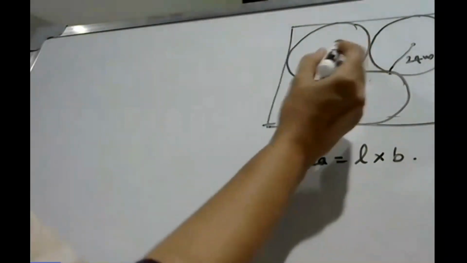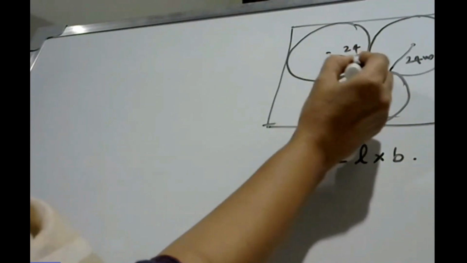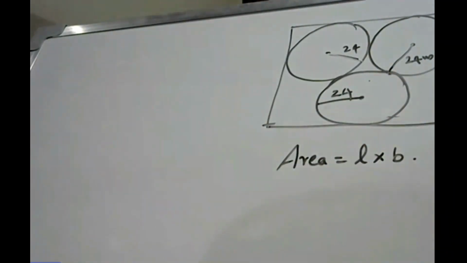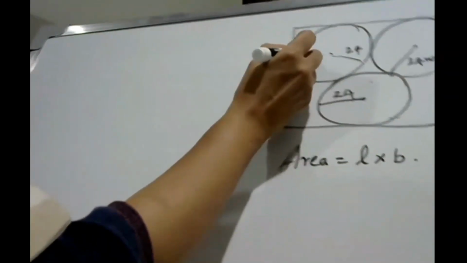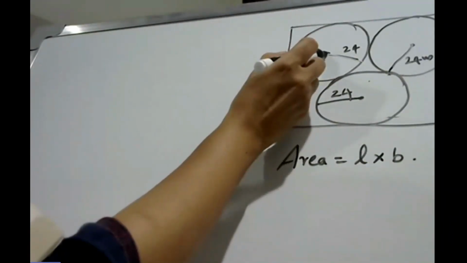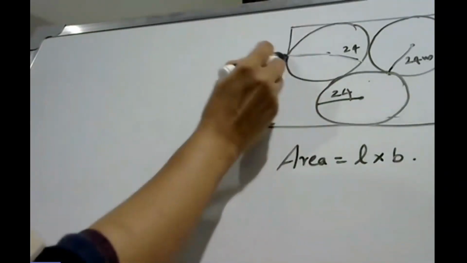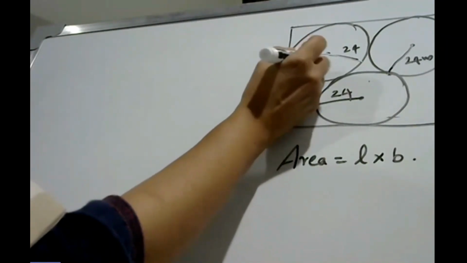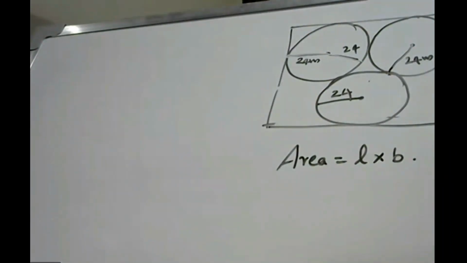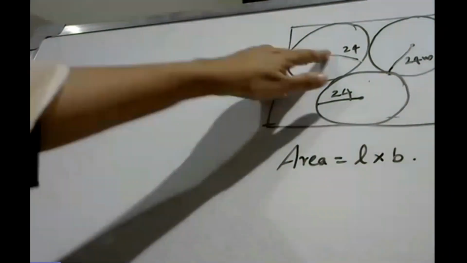See, it's given that each circle is of 24 mm radius, right? So this length from the center to the point where this circle meets the rectangle will be 24 mm. That's the radius.